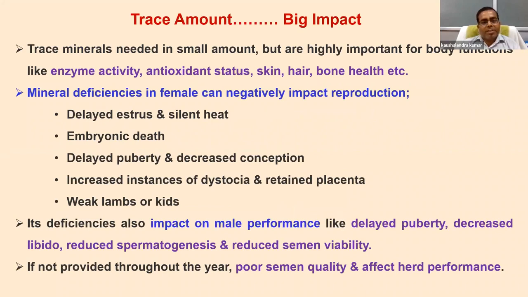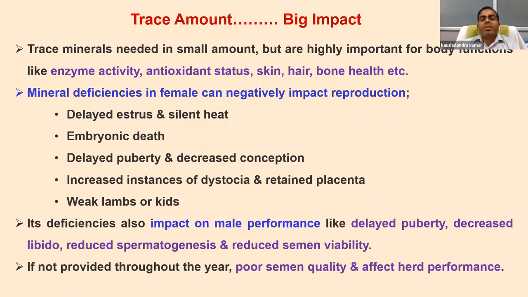Minerals are required in trace amounts, but they have a good impact on the overall production performance of small ruminants. As we know, the trace minerals are directly associated with different enzyme activities. They also act as antioxidants. They neutralize reactive oxygen molecules, or these minerals are a stress booster, so they reduce stress at the cellular level.